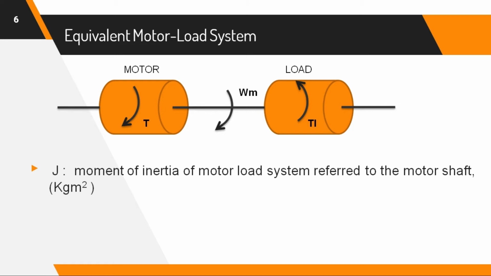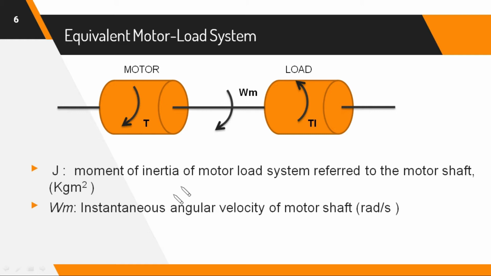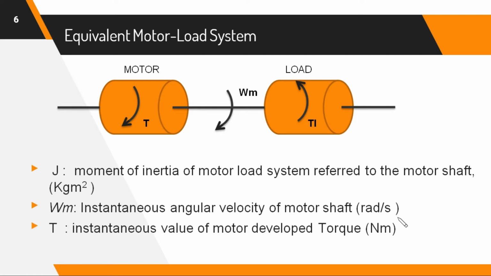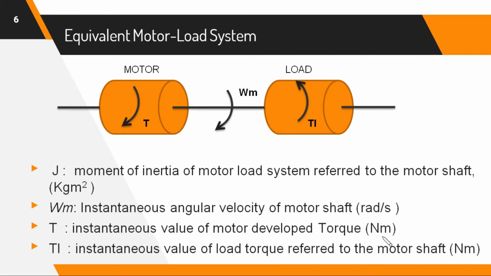Unit is kg meter square. Omega m is the instantaneous angular velocity of the motor shaft, having radian per second as a unit. T or Tm is the instantaneous value of motor developed torque, in Newton meter. And last is TL, the instantaneous value of load torque referred to the motor shaft, in Newton meter.